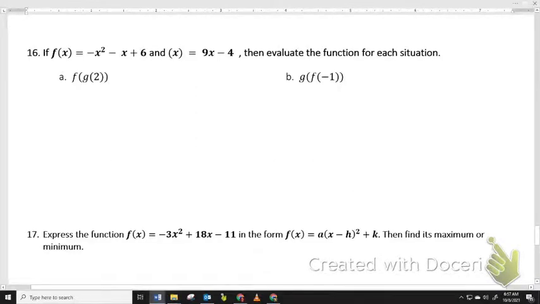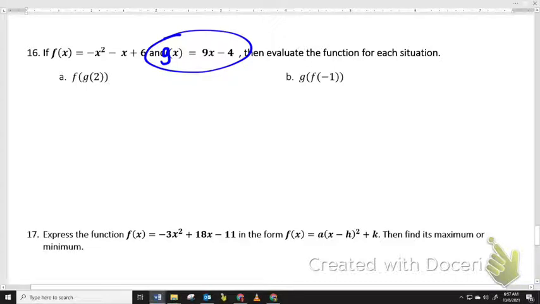This second function right here should have a g in front of that x in our function notation, so that should be g of x. That was just a typo on my part. I've got some copies where it's there and some where it's not, so obviously I accidentally hit backspace at some point. But I don't want anybody to get confused about what they're supposed to do on that particular problem.